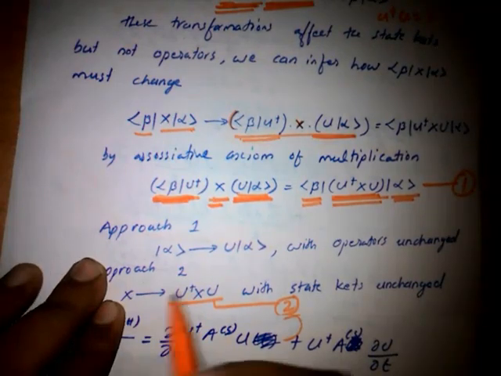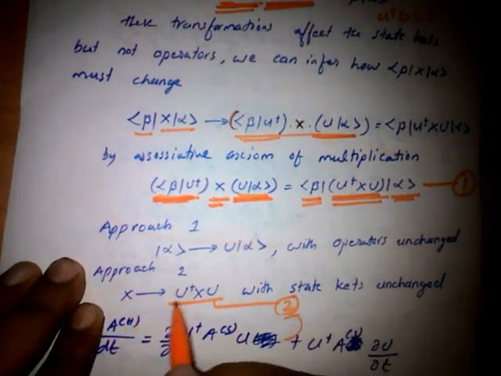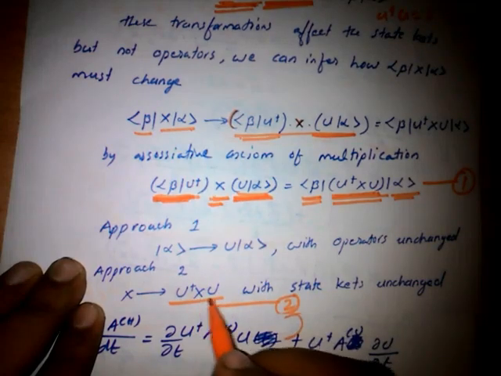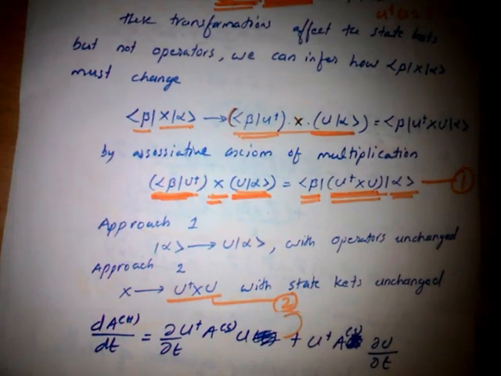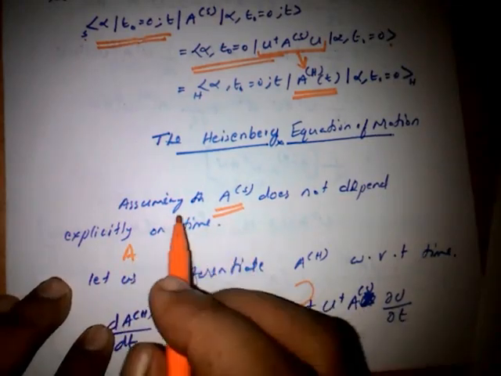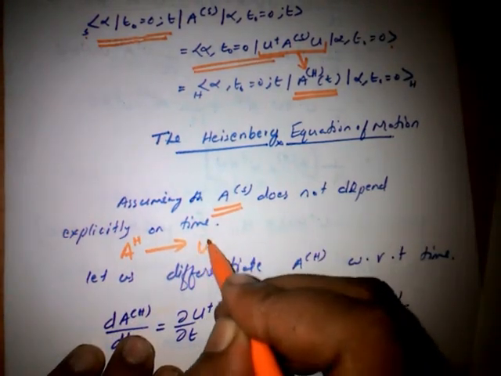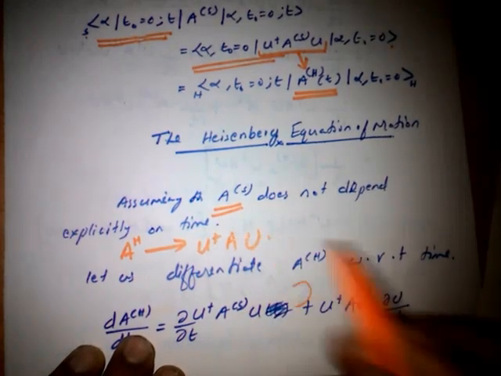In the outset we defined our operator as changing as U dagger X U, with state kets unchanged. So if we consider an operator A in Heisenberg's picture, it changes as U dagger A U, where A is in Schrodinger's picture.